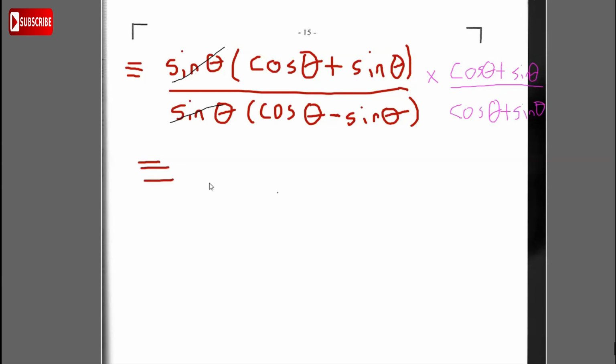cos theta times cos theta is cos square theta. And then you're going to have cos theta times sine theta is sine theta cos theta. Sine theta times cos theta is sine theta cos theta. So that is just plus 2 sine theta cos theta.